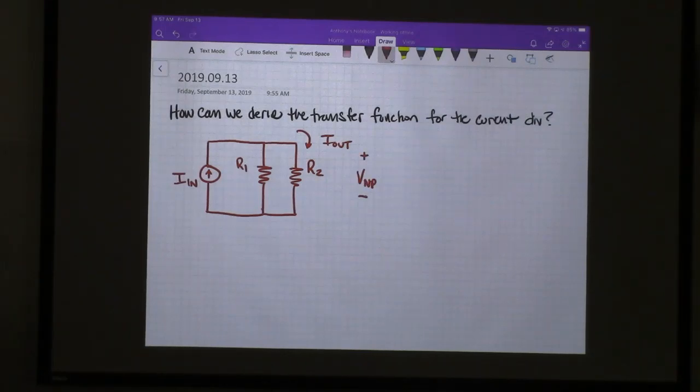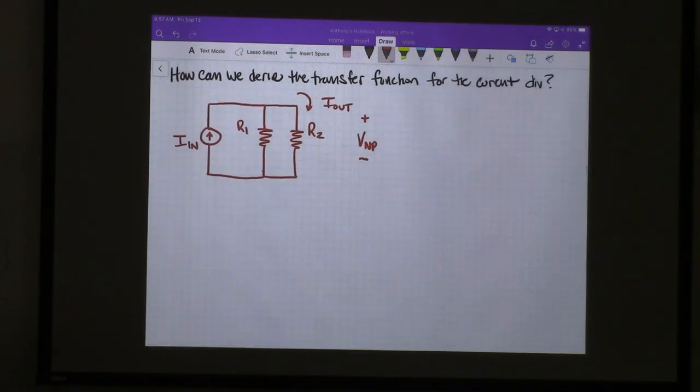That applies to everything. I'm going to keep including that in the problems for a little while. There's only one current we haven't labeled, and that would be I1 right there. So everything else now is labeled.